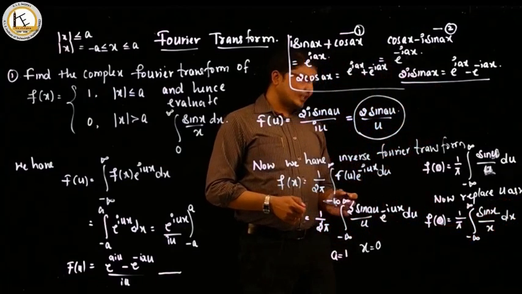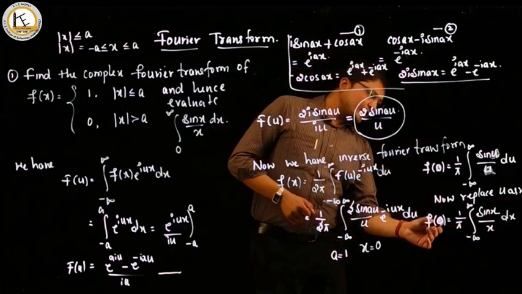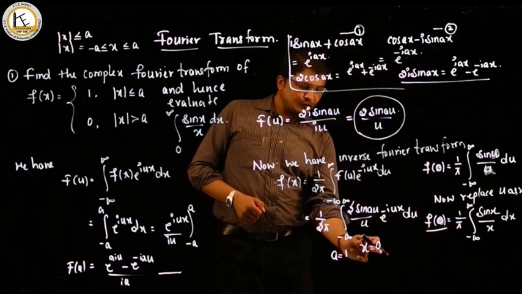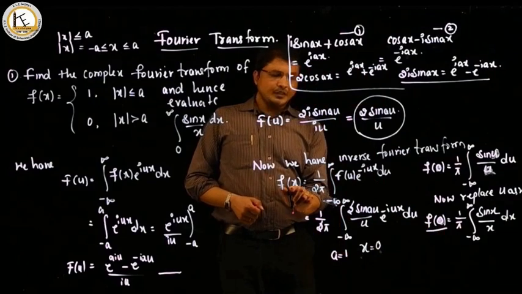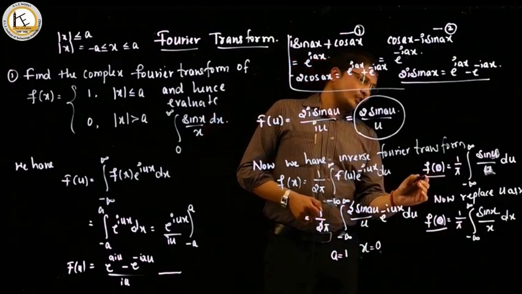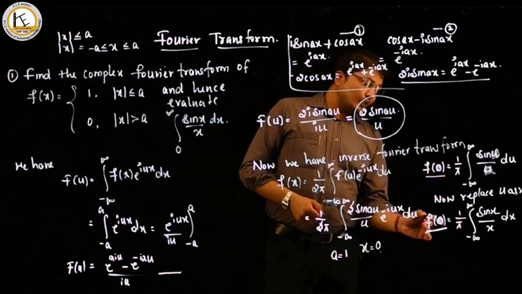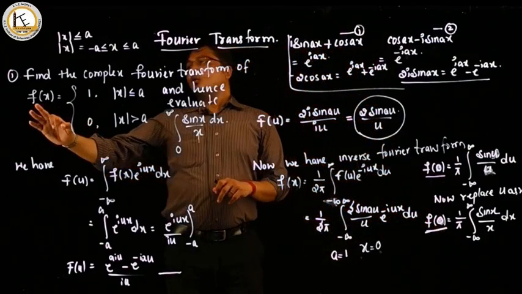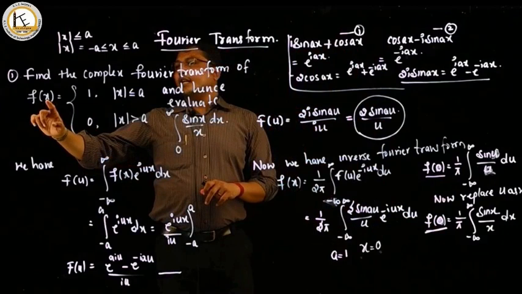Almost we are done, and now we need the value of f of 0, because we have taken x equal to 0, so this f of x becomes f of 0. Then what is the value of f of 0? F of 0 means the value of the function f of x at x equal to 0.